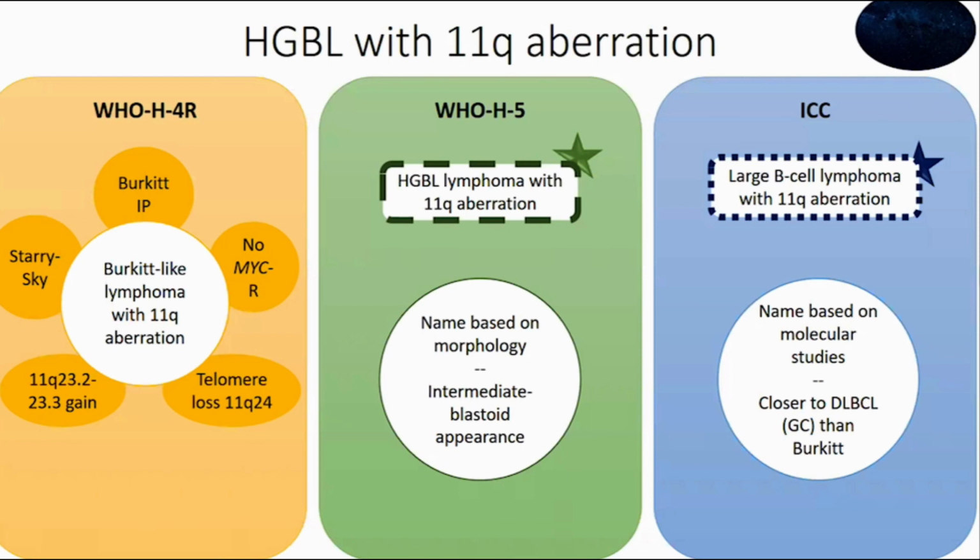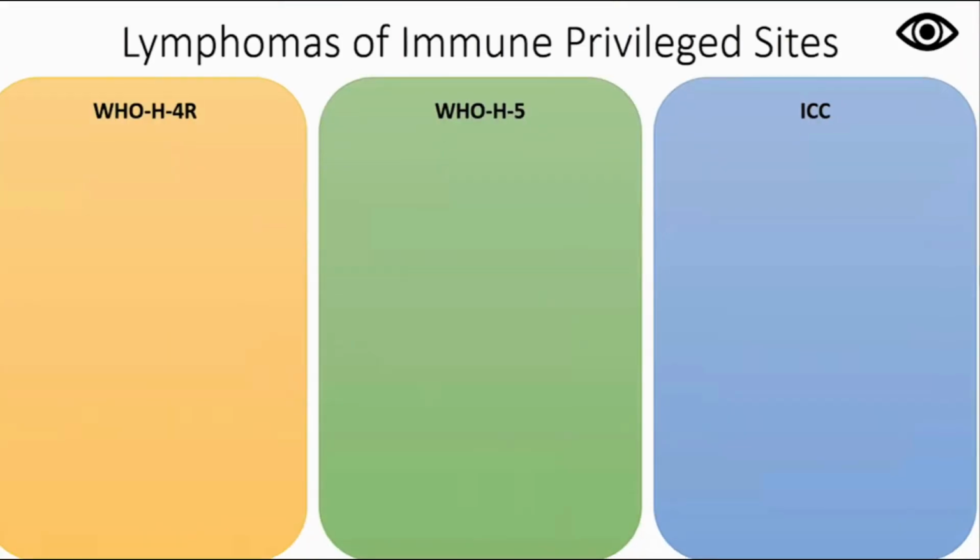They have mutations like GNA13 that are in DLBCL, and they kept it as a strictly provisional entity as they are not sure if the 11q aberration is sufficient for diagnosis here. So maybe as more information comes out, they'll change this to a definitive entity.